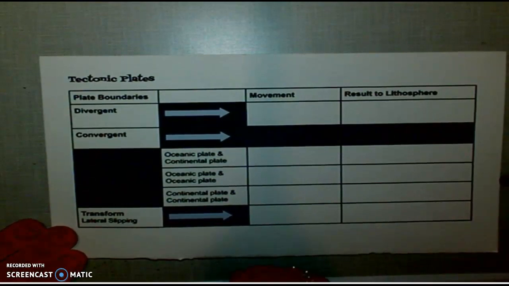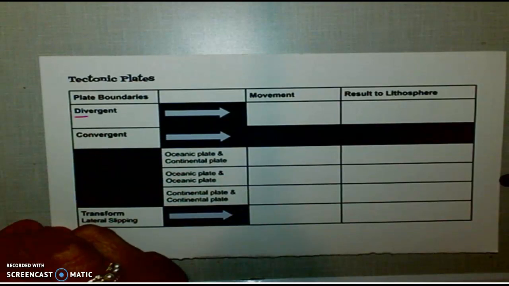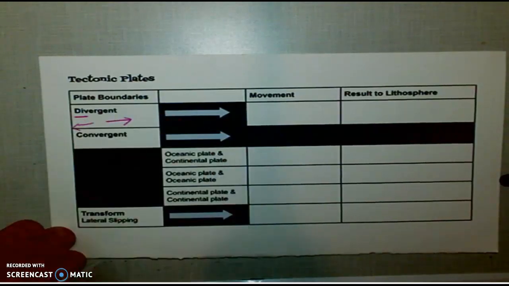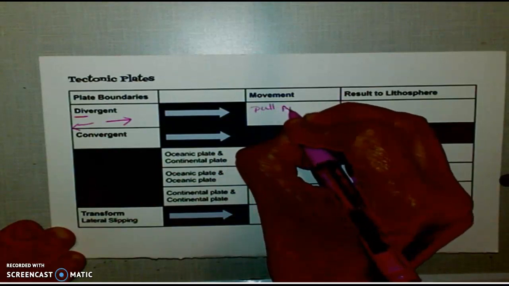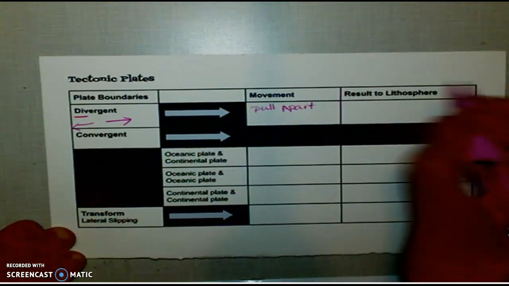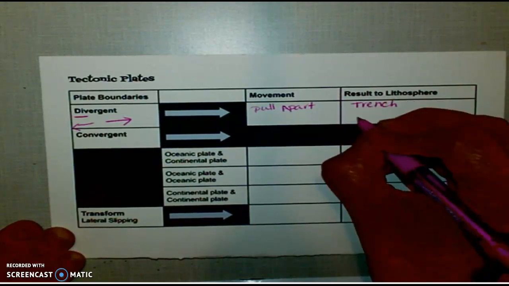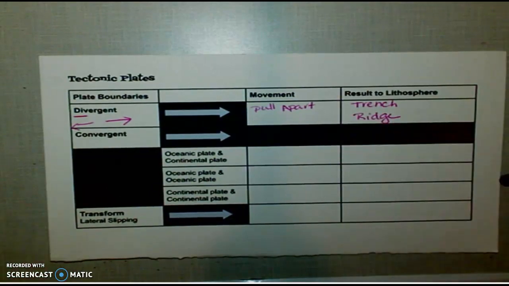So just reviewing. Divergent meaning as in divide. They're going to be going like this, spreading apart. They will be pulled apart. And what you're going to end up getting is a trench or what they call a ridge, because the magma will flow up in between where the two plates are moving away from each other.